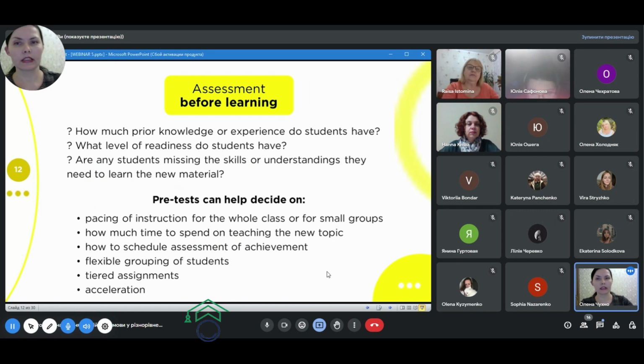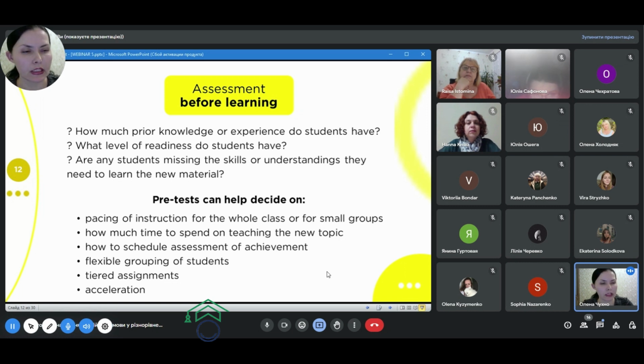If you conduct assessment before learning, or diagnostic assessment, it will help you to answer three basic questions. So, how much prior knowledge or experience do my students have? What level of readiness do they have? And are there any students who miss the skills or understandings they need to learn the new material?